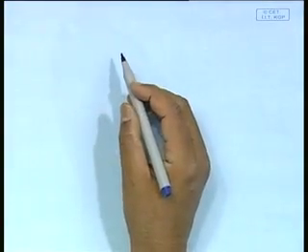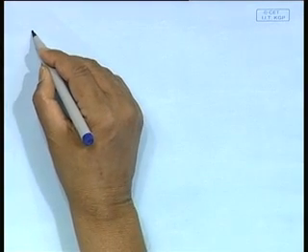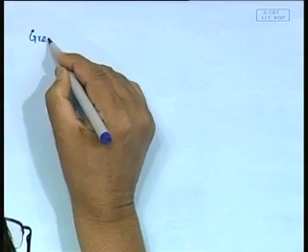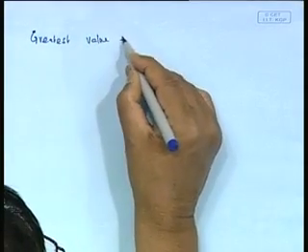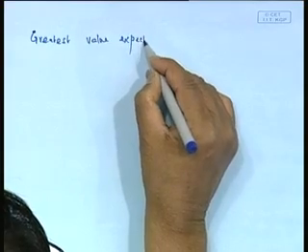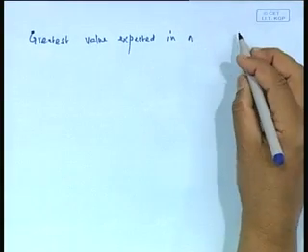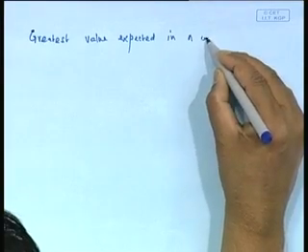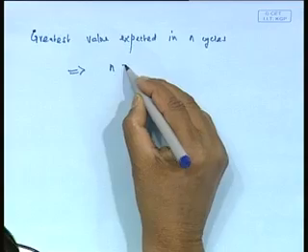What is the chance that, see, for example, greatest value in n cycles, this is going to become n.